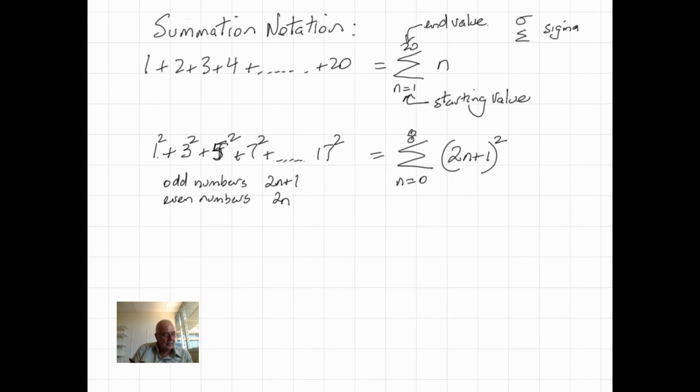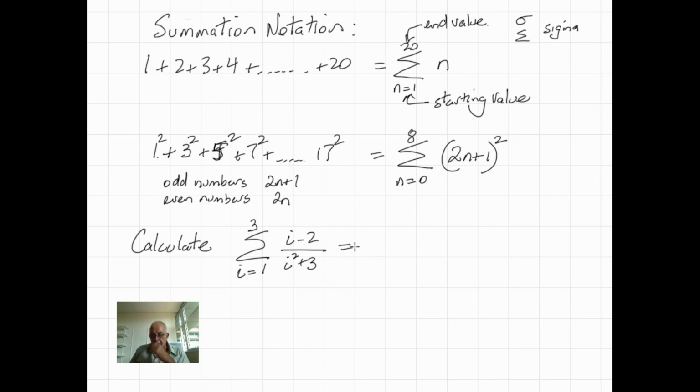So if you were asked, say, to calculate the sum from i equals 1 to 3 of (i minus 2) over (i squared plus 3).